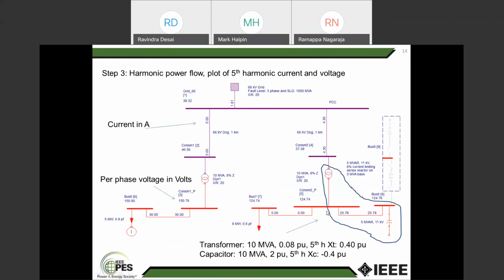This may happen even in our utilities also. Assume this is a 66 kV substation where an industrial system is getting connected, and the utility system has a 66/11 kV transformer. That is their 66/11 kV substation. Then, in order to improve the power factor, he gets a capacitor.